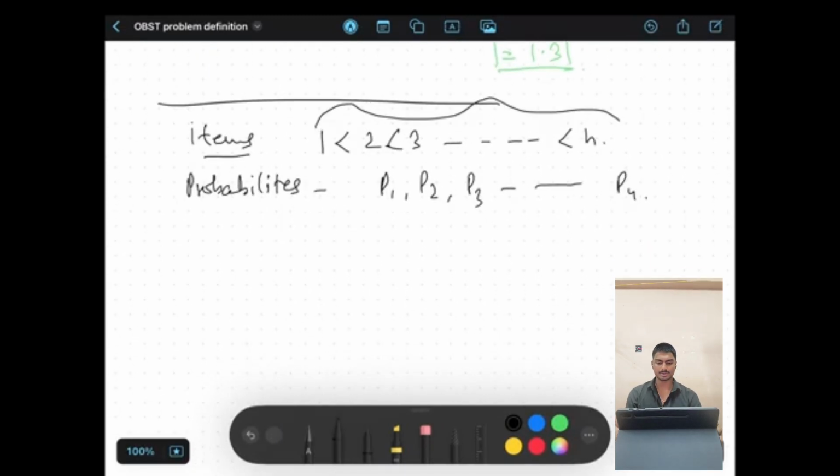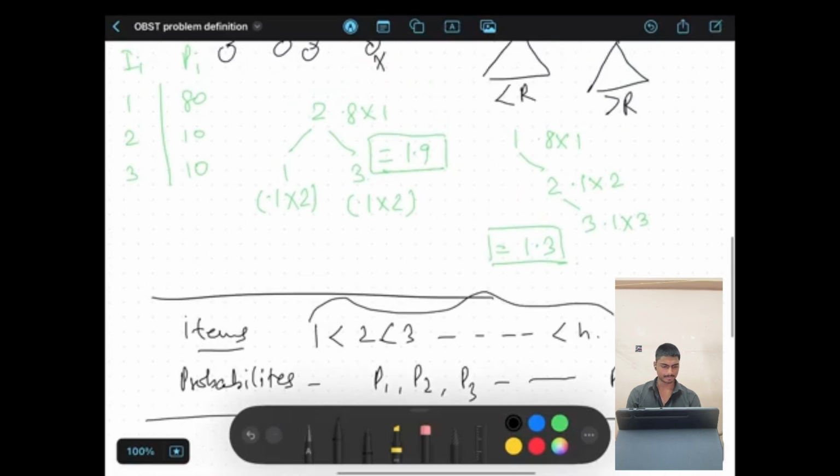If we want to find the total cost, as we did above, the total cost came out as 1.9 for one tree and 1.3 for the other. So what would be the formula for finding the cost of a tree?